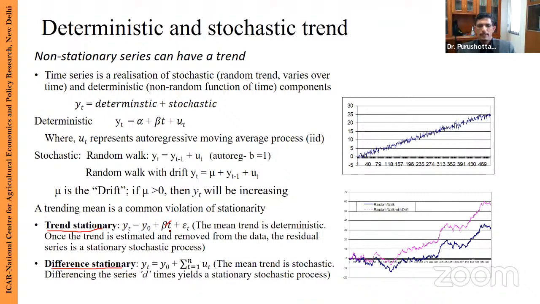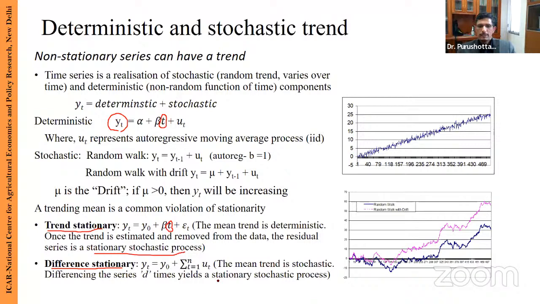If the data is trend stationary, we would regress the series on time, and then the trend is removed from the data through the residual. We take the residual series, and that residual series is a stationary stochastic process. So that is one method, if the trend is deterministic in nature.